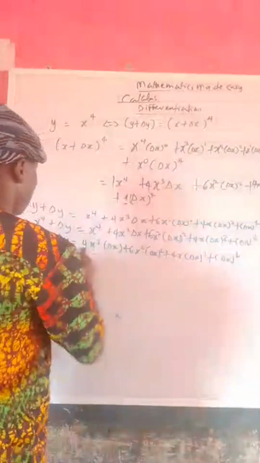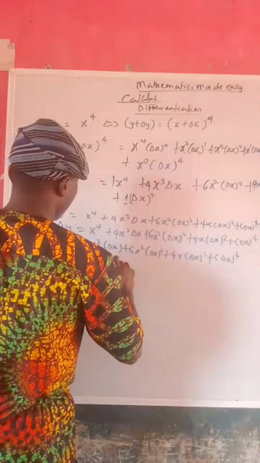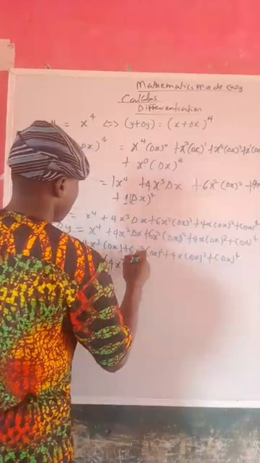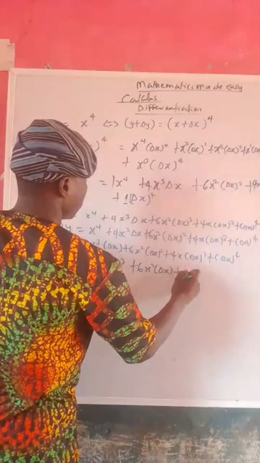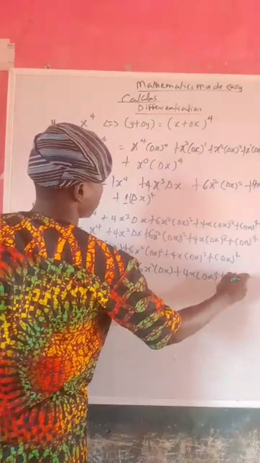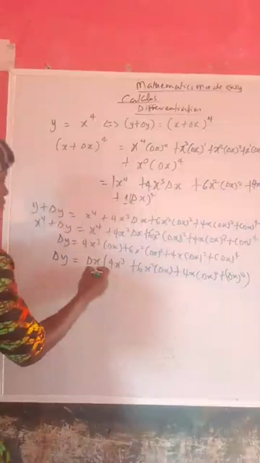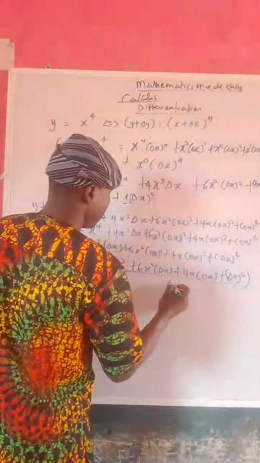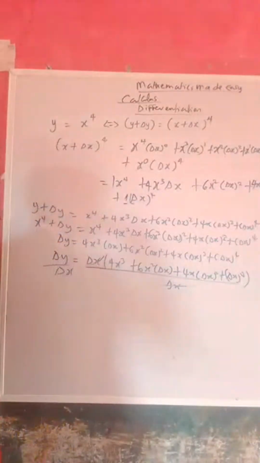So if you do that, you're going to have changing y equals changing x into bracket 4x to the 3rd power, plus 6x to the 2nd power multiplied by increase in x plus 4x into bracket increase in x to the 2nd power, then plus increase in x to the 3rd power. Then what are we going to do next? We divide through by increase in x. So increase in x, we cancel out increase in x.